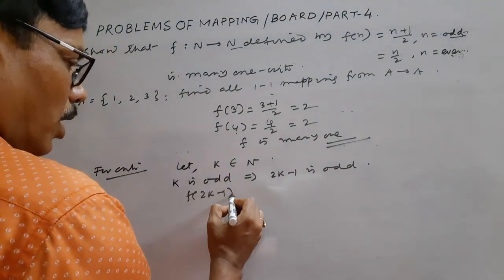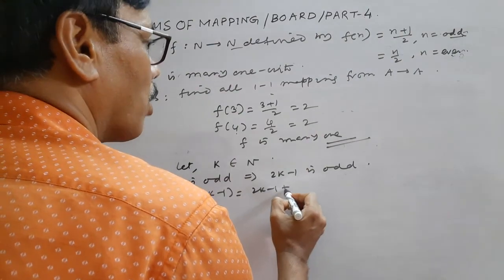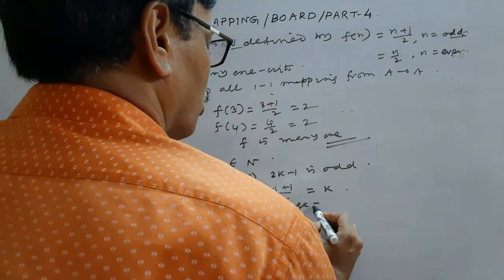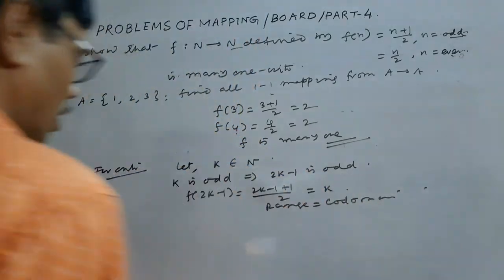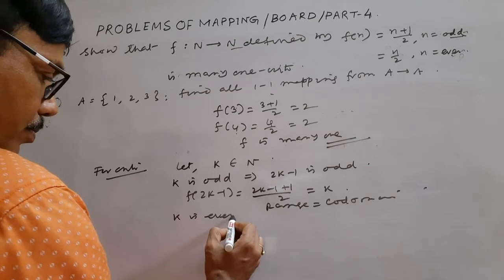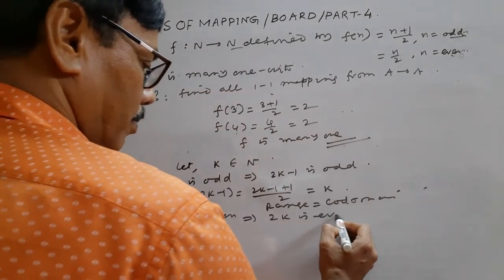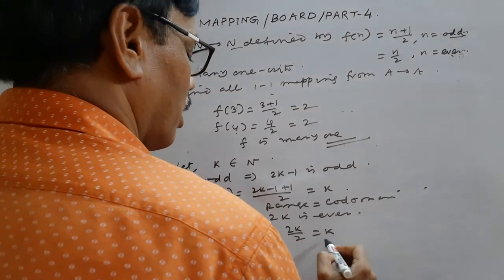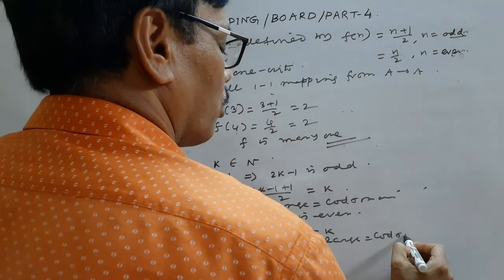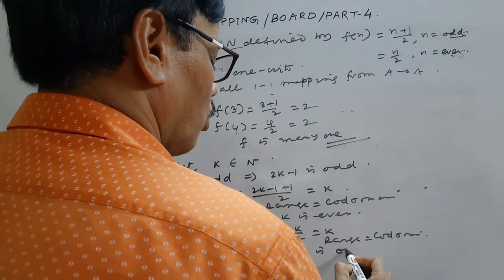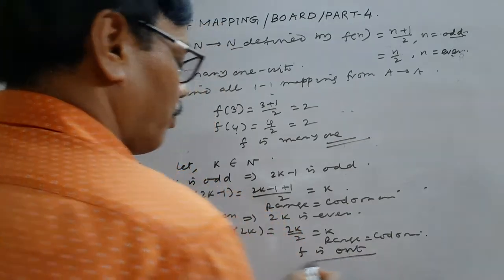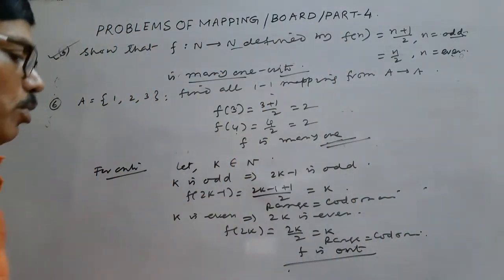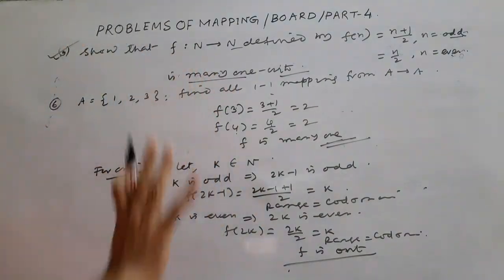So f(2k−1) = (2k−1+1)/2 = k. So range equals codomain. If k is even, then 2k is even, so f(2k) = 2k/2 = k. Here also range equals codomain. Therefore f is onto. So f is many-one and onto. For many-one, an example is sufficient.